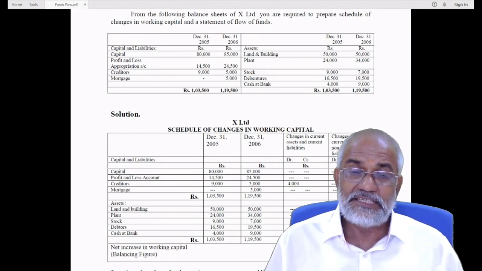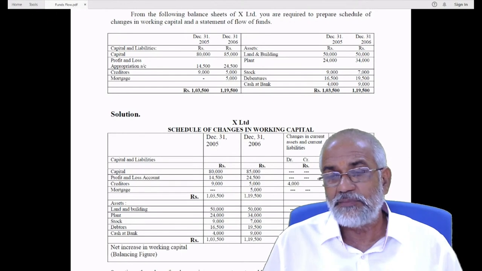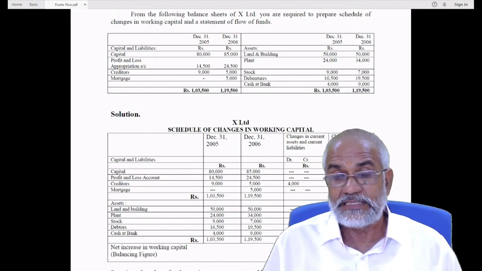And the second advantage is that it also facilitates the preparation of the funds flow statement, because the items appearing in the credit column of the non-current category, I am reiterating, are all sources, and the items appearing in the debit column of the non-current category are all applications.